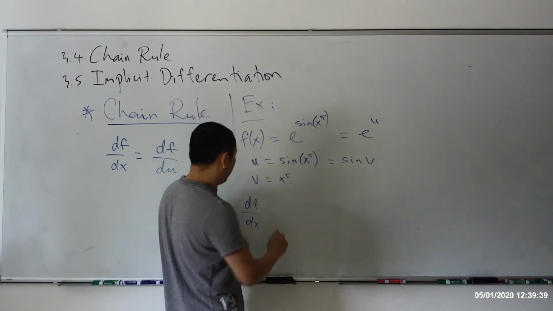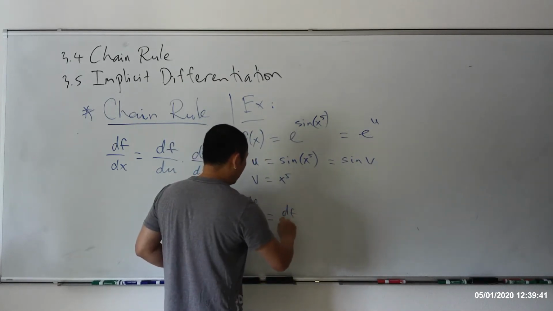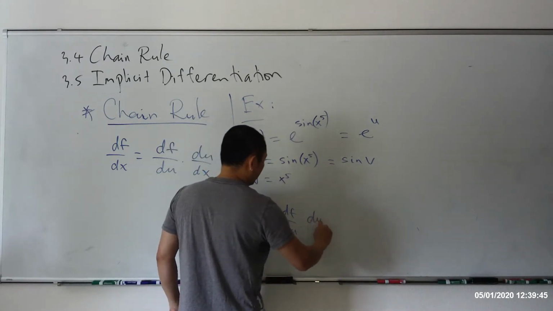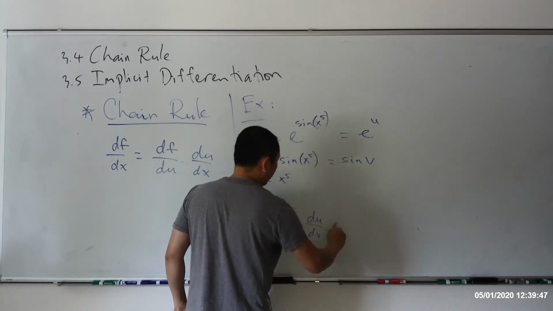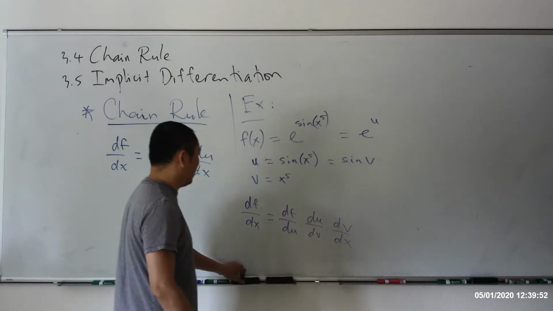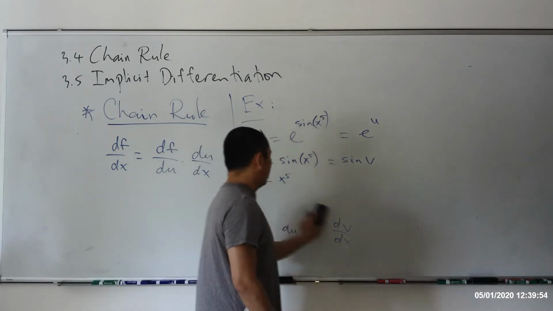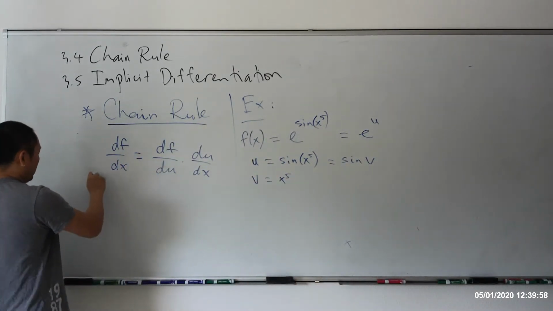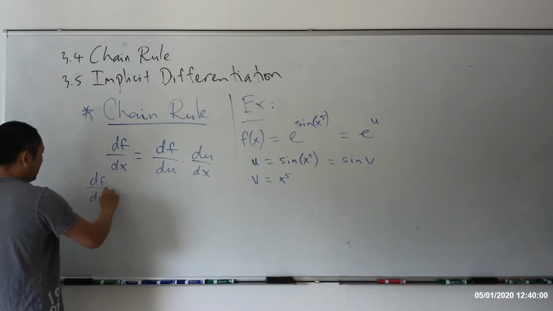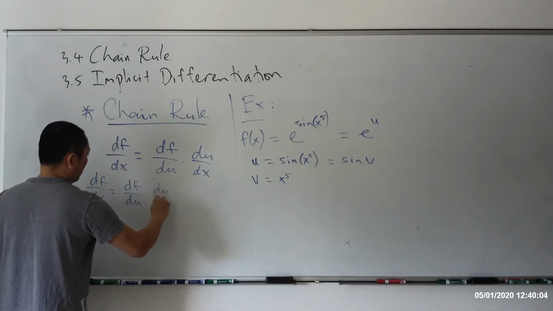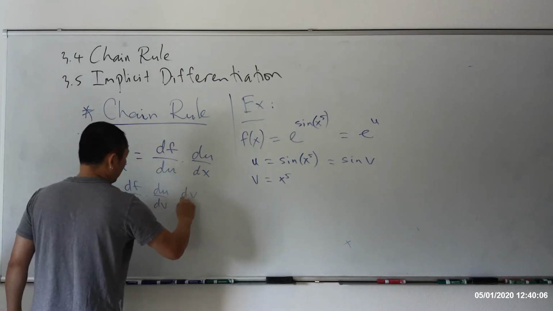We have first u, so df over du times du over dv, and then times dv over dx. Okay, let's do one by one. Let me rewrite this in a bigger space, so we have the whole thing right here. df over dx equals df over du times du over dv and times dv over dx.